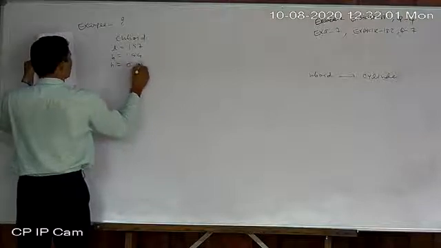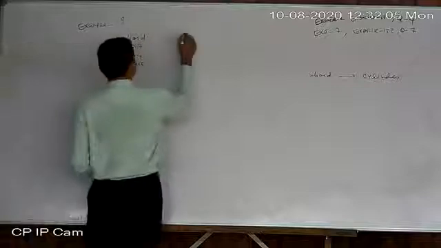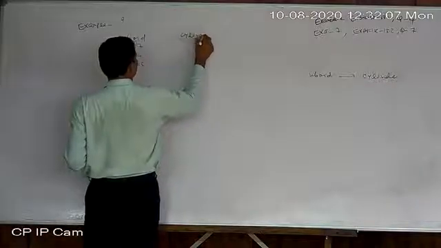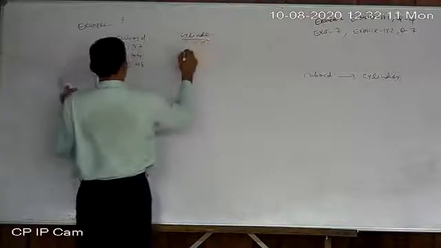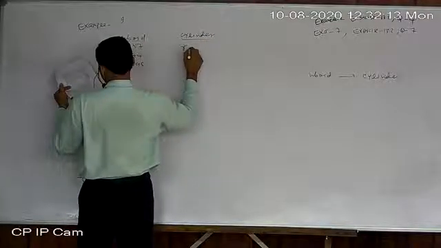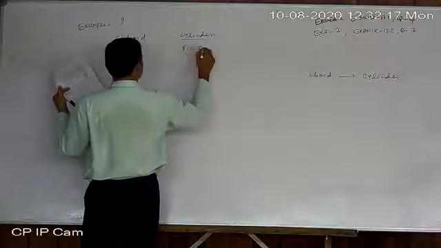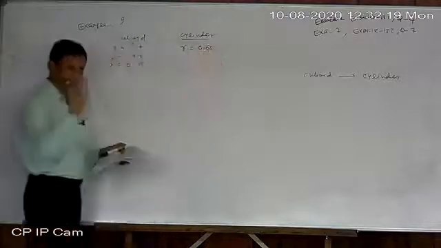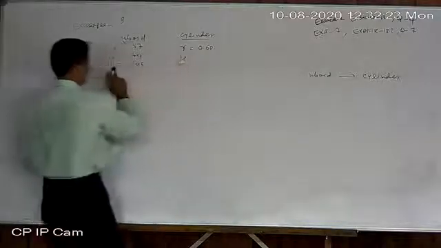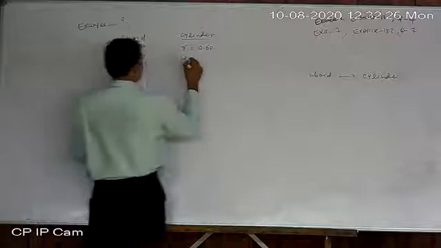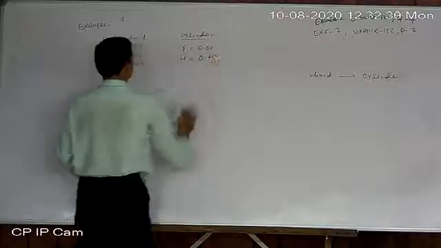We have to convert into meters because everything else is given in meters. For the cylindrical tank, R is given as 60 centimeters, so it will be 0.60 or 0.6, whatever you write. And the height is 95, meaning 0.95.